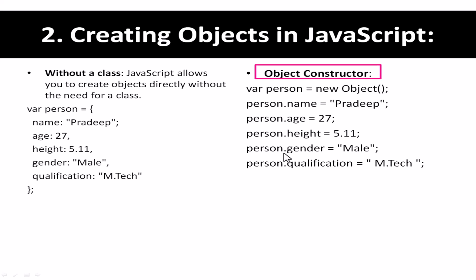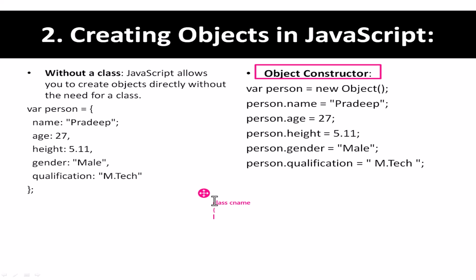So how you write the normal basic code in Java: basically you will be declaring a class name, and it is going to be followed by the braces.